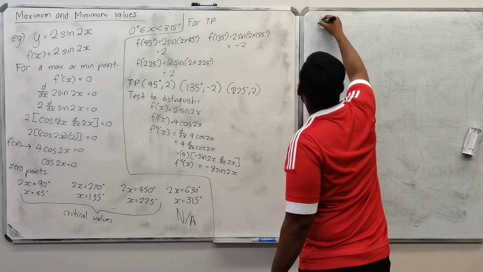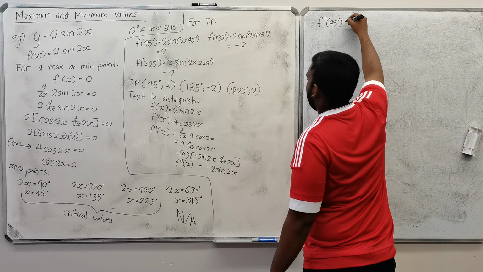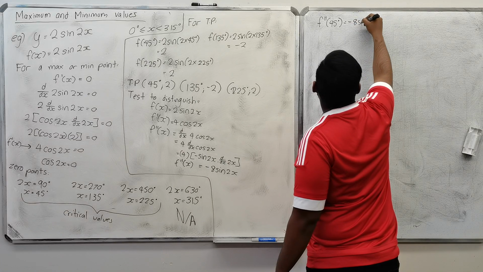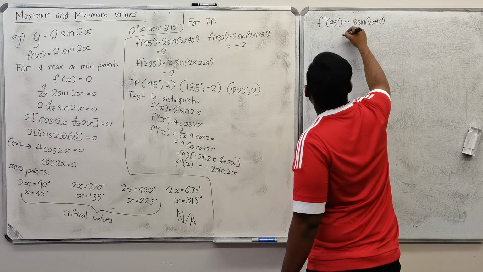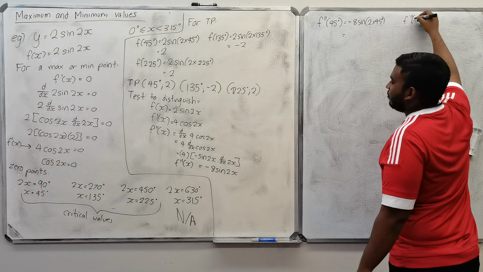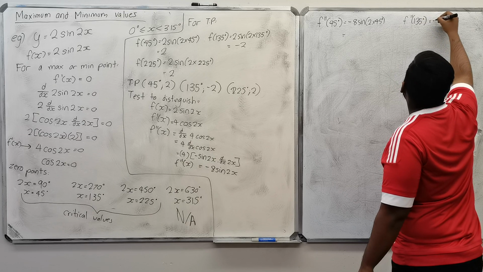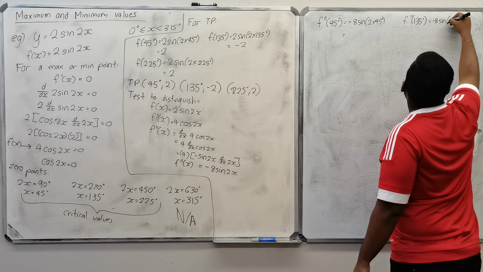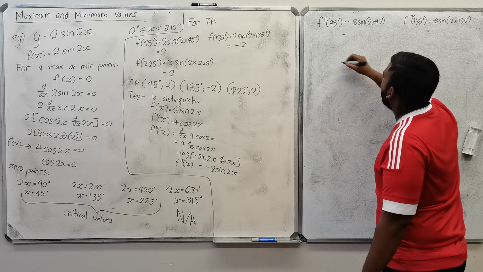So for f double prime of 45 degrees equal to minus 8 sine of 2 times 45 degrees, you get a number, right? F double prime of 135 degrees equal to minus 8 sine of 2 times 135 degrees, get another number.